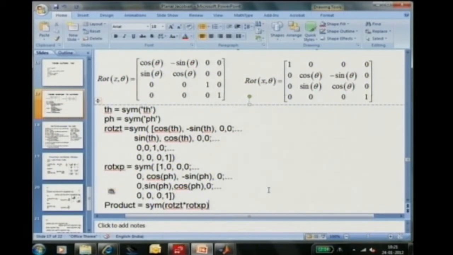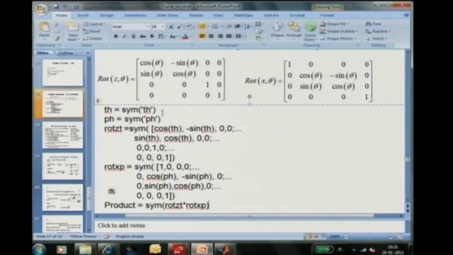So theta is equal to symbolic theta, phi is equal to the symbolic form of phi. Then I define the Z matrix for theta.